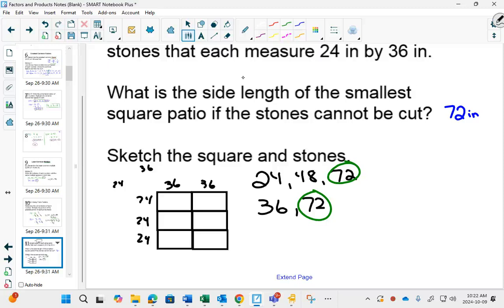But can you see in this question, if I gave you, I'm trying to be extra nasty in my numbers. If I gave you 19 and 37, pretty close to this, and you started drawing it out, the smallest square then would be 703 inches.